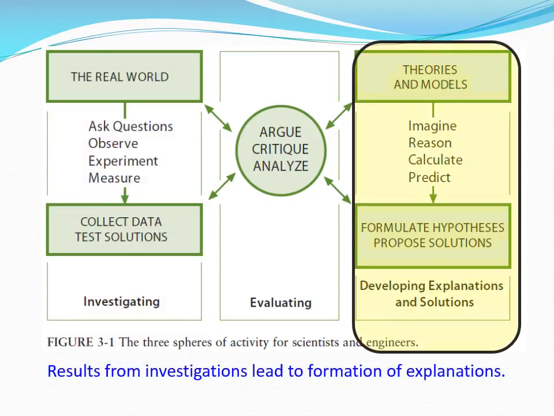Results from investigations then lead to the formation of explanations. Now, what I hadn't emphasized earlier was that once you ask a question, you have to design an experiment in an attempt to try to answer the question. Once you get results from this investigation, you gather some data and you build a theory that is supported by your data to explain the answer that you have created to the question that you have asked.